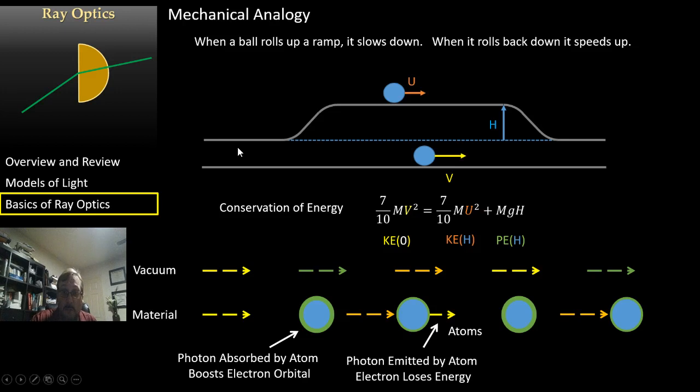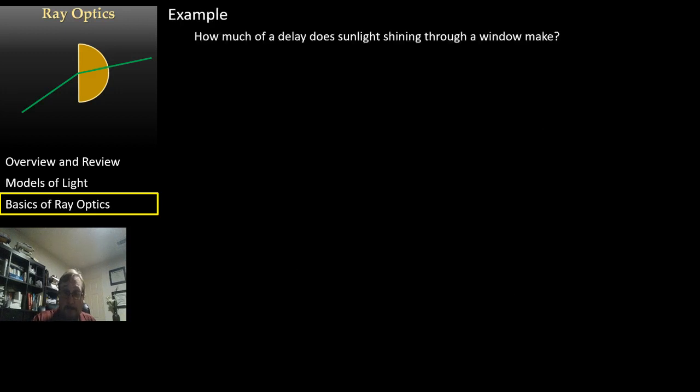Basically, you end up with that original kinetic energy being partitioned when the ball comes up here between a smaller kinetic energy and a potential energy, and that gives you the mechanical analogy. That should be more or less sufficient. It's the same sort of idea. I'm going to use this in a second and compare it to a different principle as well when we talk about a deflection of a ball later on.